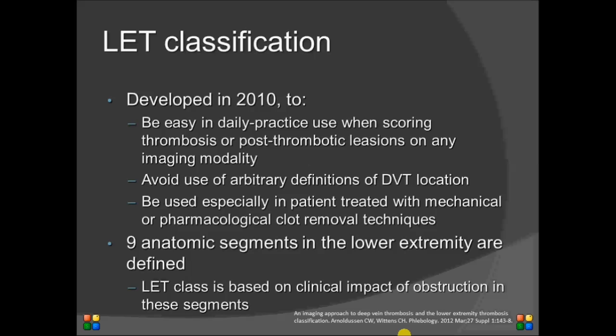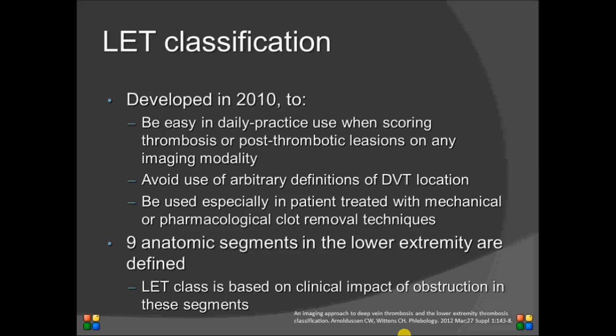So the other thing is that from the LOVE score, that's a scoring system for each segment, you can correlate the LED classification. That's, again, what I told you when I started about deep venous thrombosis, and we try to compare it. We don't know if people talk about central DVT or peripheral DVT or iliofemoral DVT, and one says, okay, that's only above the groin, and the other says, no, it's till the popliteal vein. So many differences.